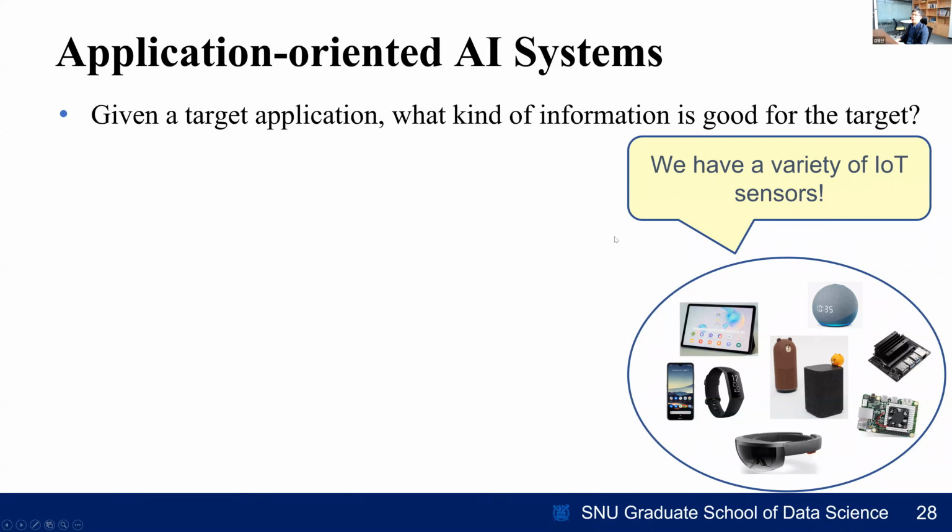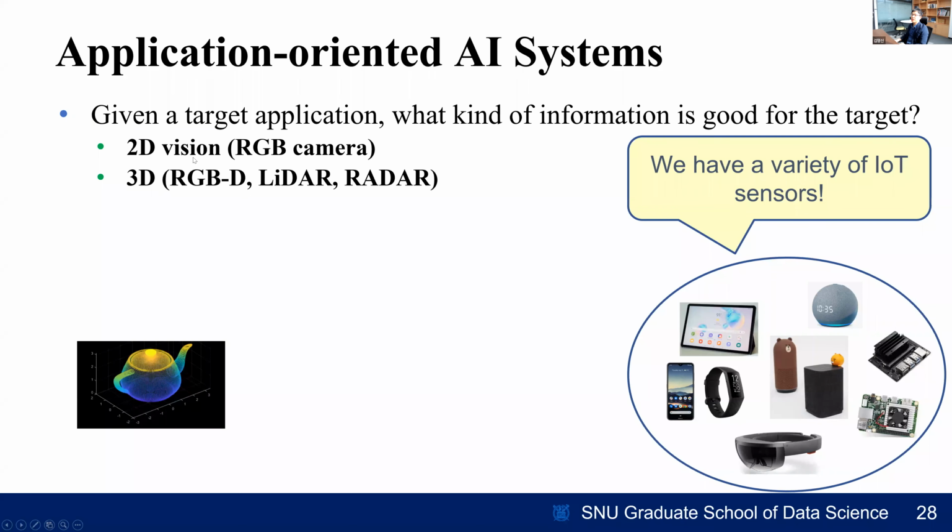So it is worthwhile to investigate what kind of information is good for a target application once you get some target applications. For example, you may be able to get 2D images from an RGB camera and 3D point clouds from an RGBD camera, LiDAR sensor, or radar sensors.